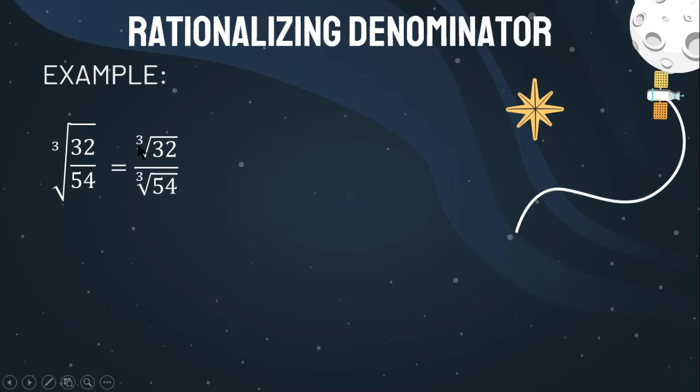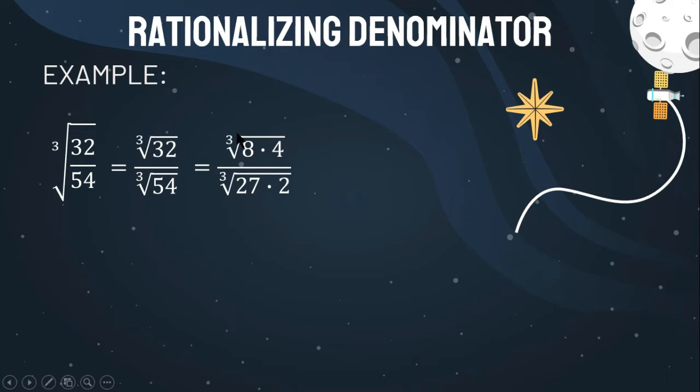Since our index is 3, cube, so perfect cube, you need to multiply that number 3 times to make that number. In 32 we have 8 times 4, and 8 is the perfect cube because 8 is equal to 2 times 2 times 2. I multiplied 2 three times. And in 54, we have 27 times 2 because 27 is the product of multiplying 3 three times.